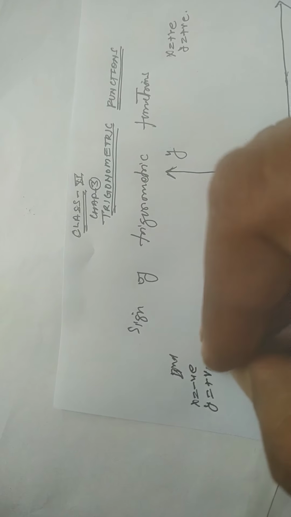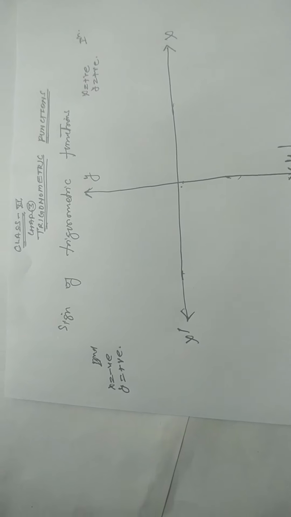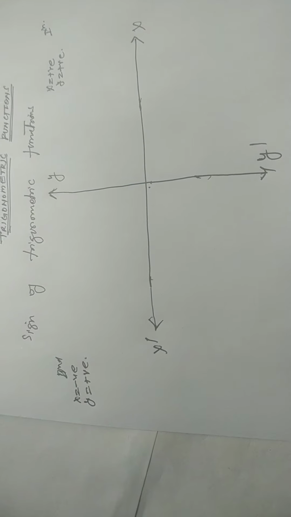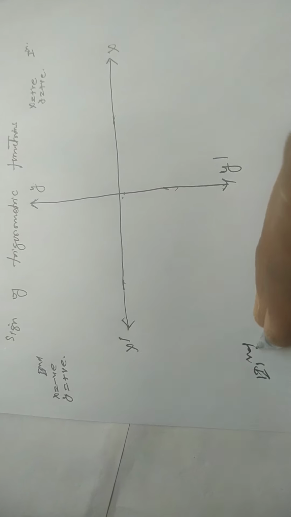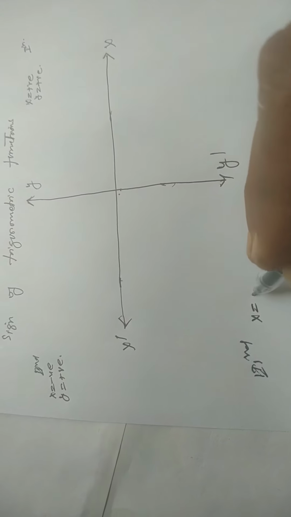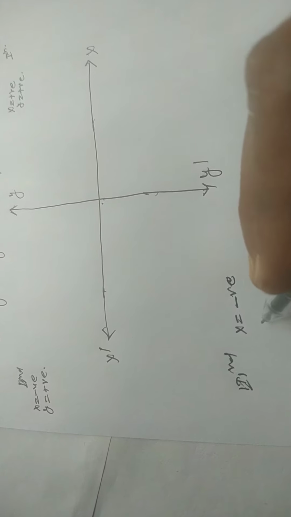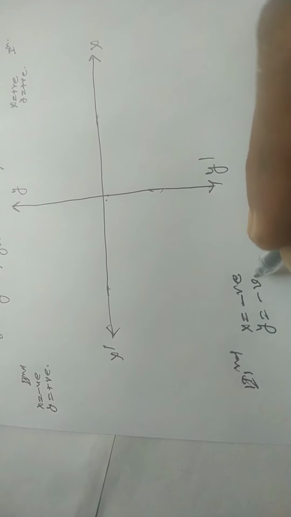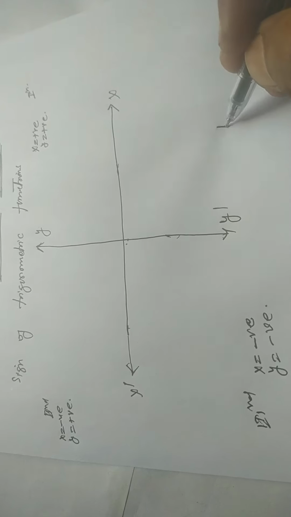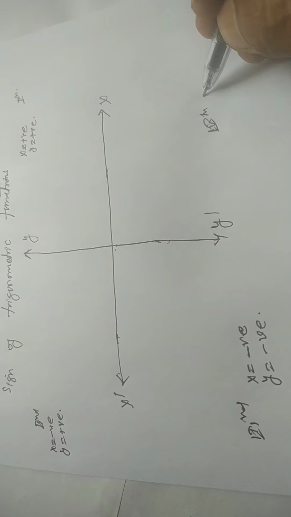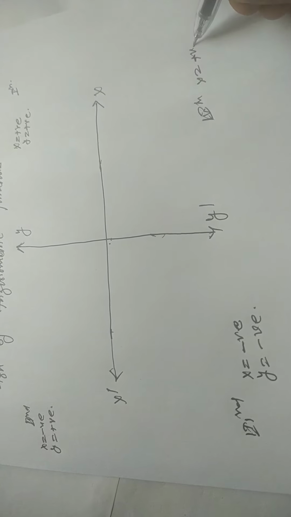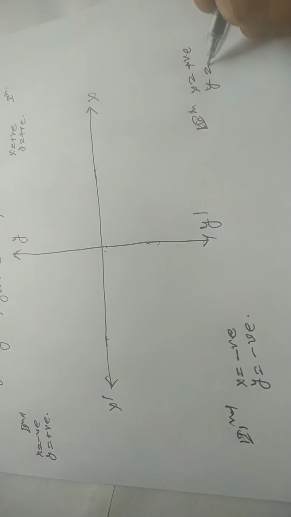That is the second quadrant, where x is negative and y is positive, and that is the third quadrant where x is negative and y is also negative. That is the fourth quadrant, where x is positive and y is negative.